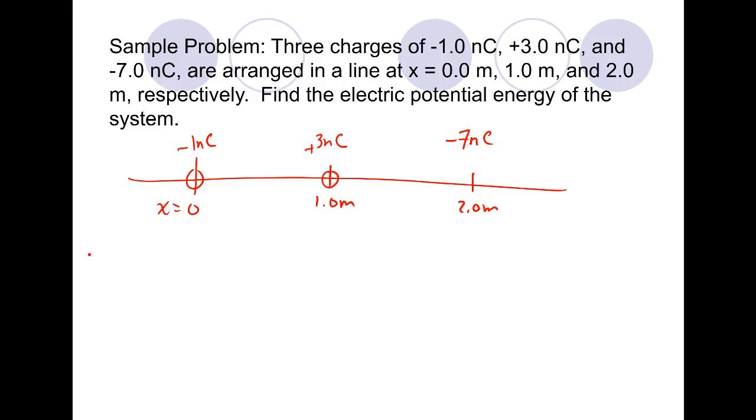So I have three terms. Let's rewrite that. I'm going to have my 1 over 4 pi epsilon naught.